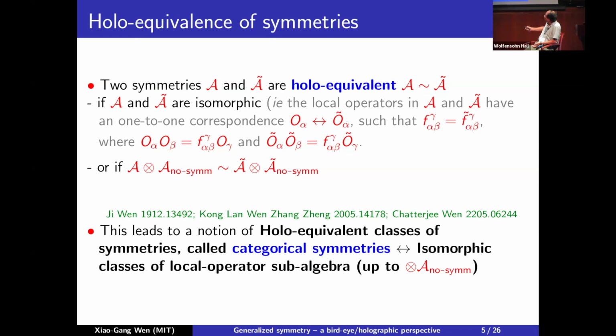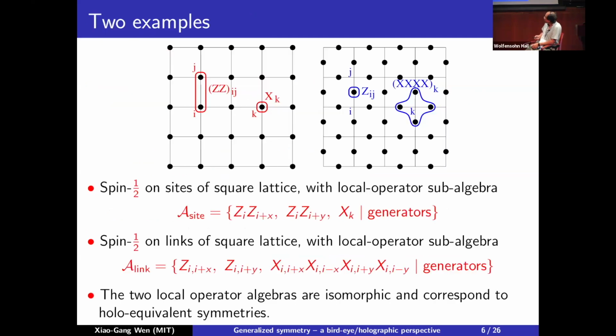These two equivalence relations define the holo-equivalence class of symmetry. This holo-equivalence class of a symmetry is called the categorical symmetry. So by definition, it's an isomorphism class of a local operator subalgebra up to tensor product with an algebra with no symmetry. This is just a definition.